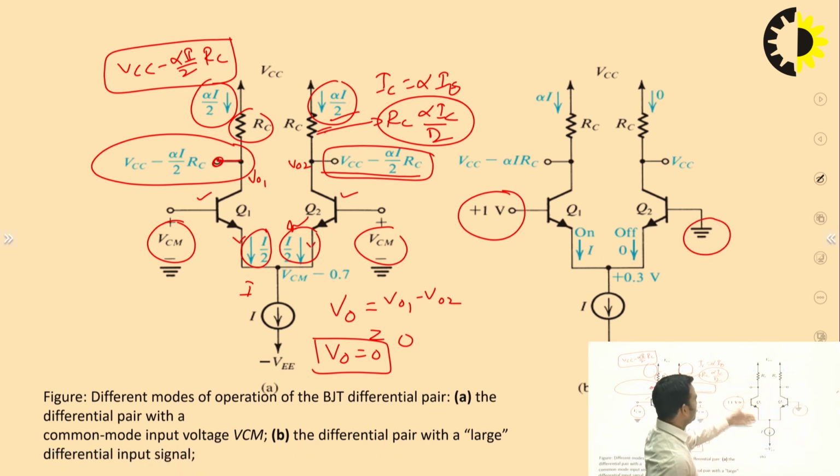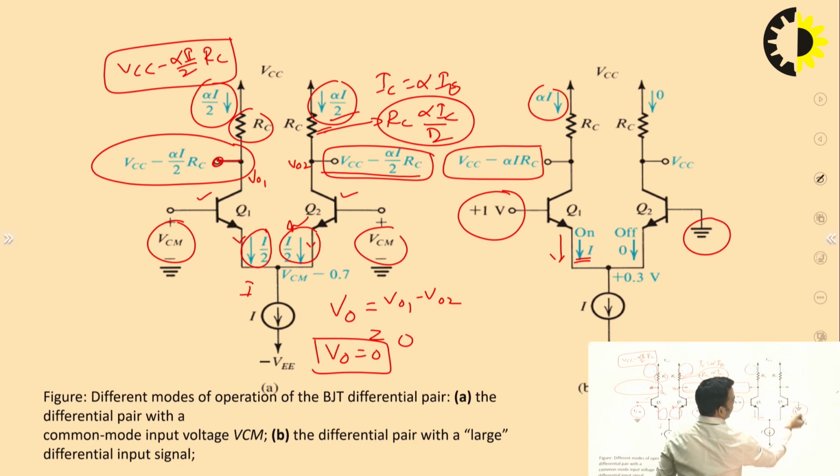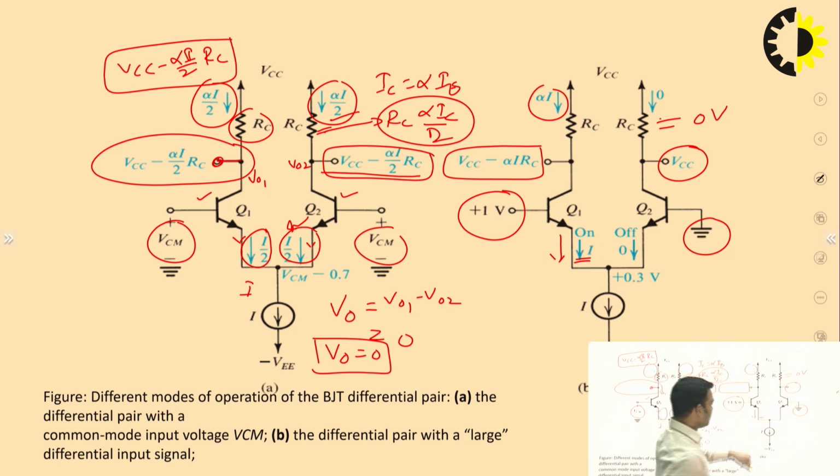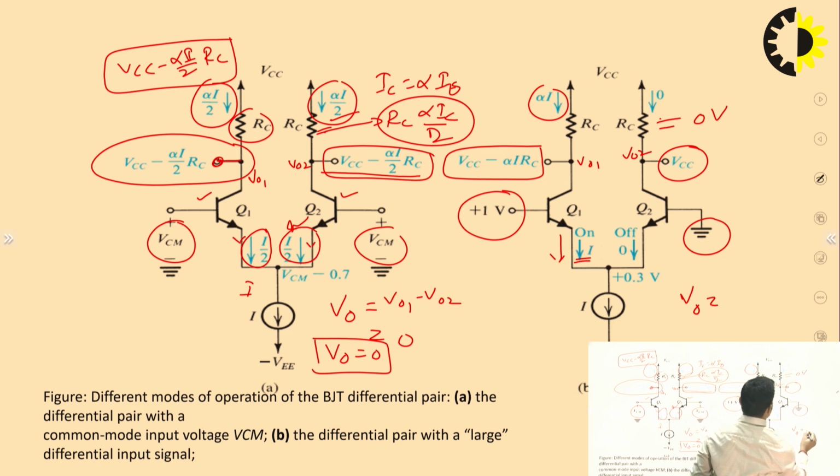So whole current will flow in Q1, let us say emitter current is I, it will be alpha I, and this output will be VCC minus alpha I RC, and this drop will also be equal to 0 volts. So whole voltage will get here. So what will be the output? We can consider V output 1 minus V output 2, and in this case actual output will be equal to minus alpha I RC.